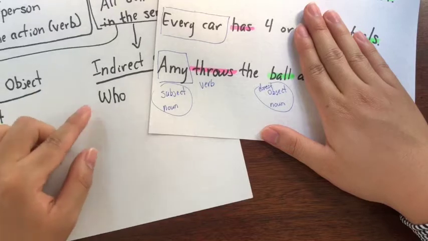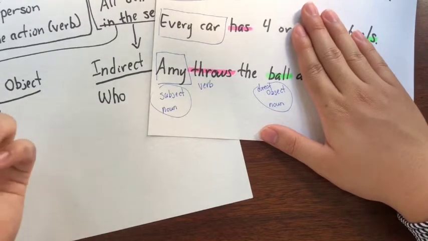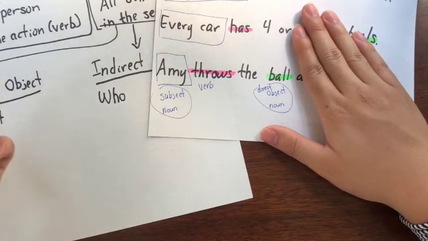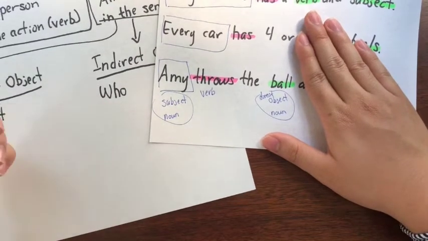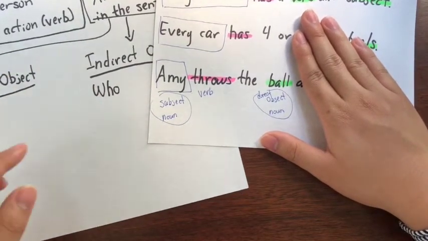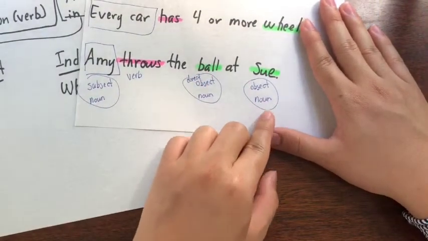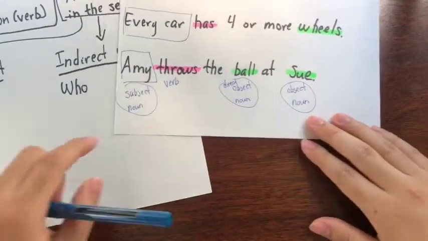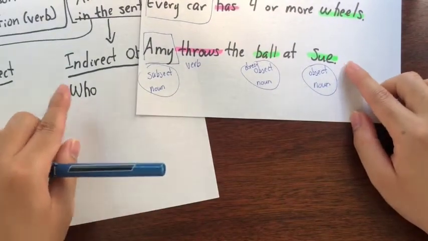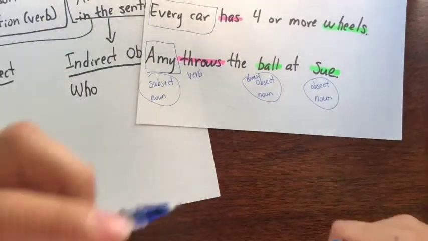Does she throw the ball into a trash can, into a box, or maybe to a person, maybe to a dog? Who? Amy throws the ball at Sue. So Sue is the who here. Sue is the indirect object.